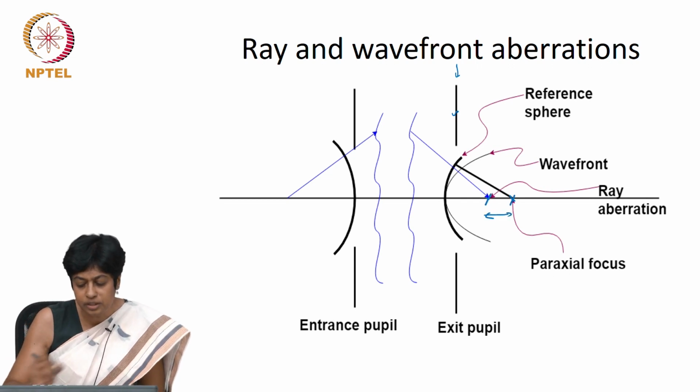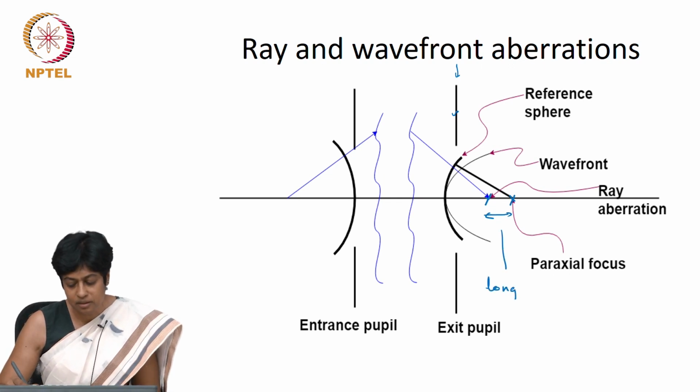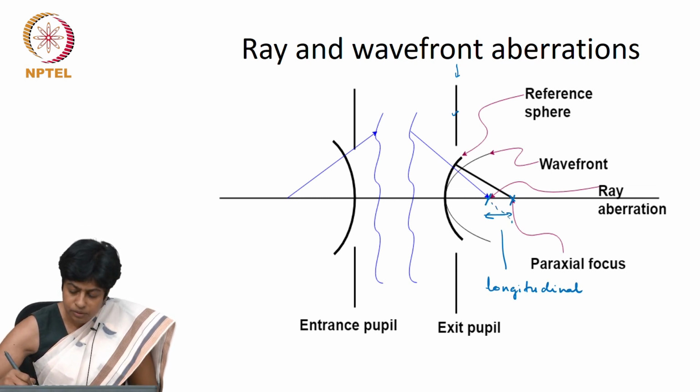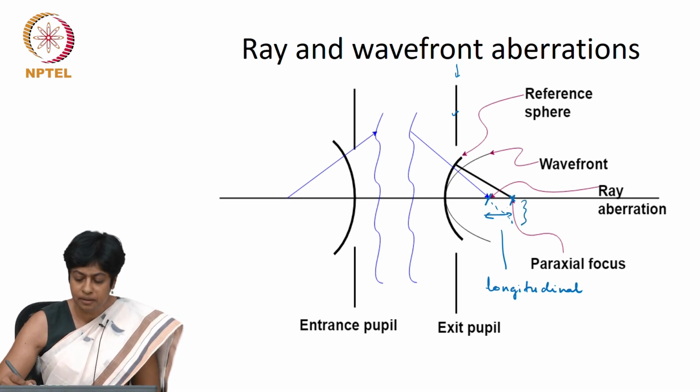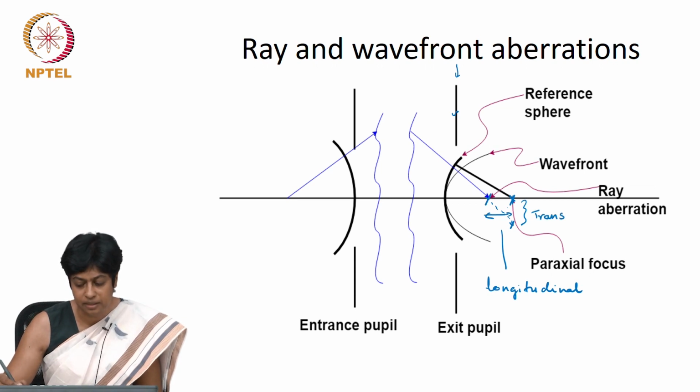So this is a longitudinal error, right? I can measure it as a length along the optical axis. On the other hand, I could continue this ray to this point and say it should have been here, but instead it's here. This is now a transverse or lateral error.